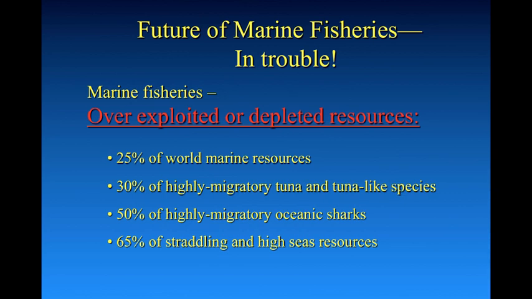Future marine fisheries, well, they're in trouble. 25% of the world marine resources are overexploited. 30% of our migratory animals are under severe pressure. It's a problem, and it's kind of interesting.